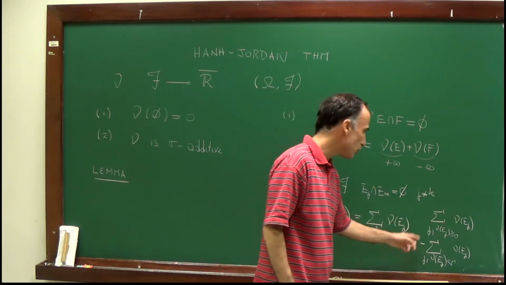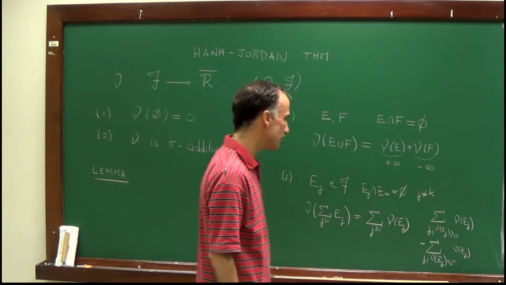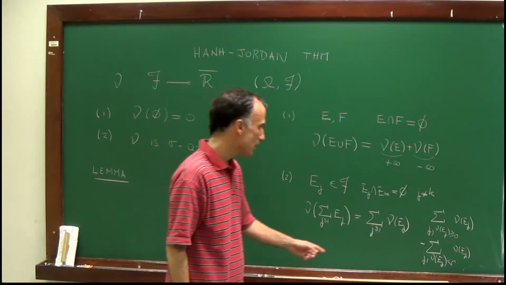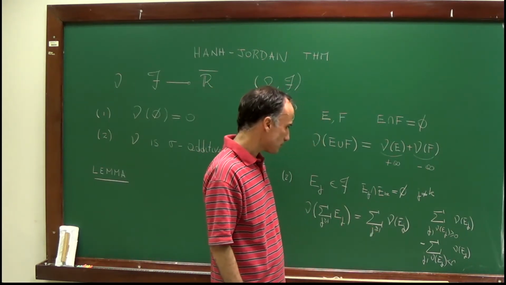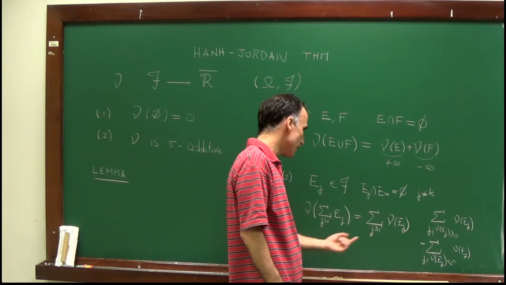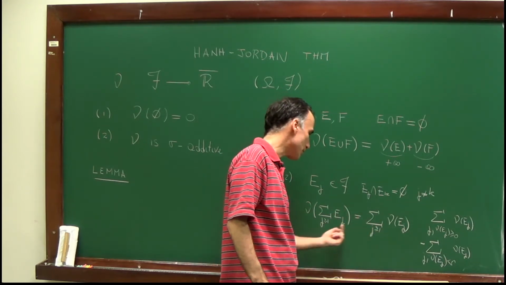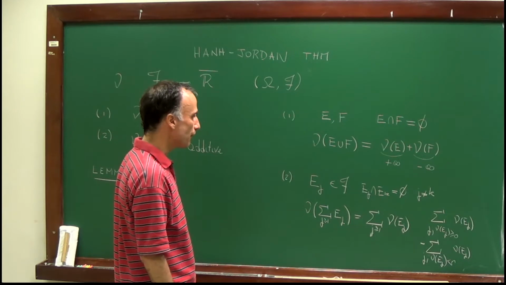They can't both be equal to plus infinity, right? Because otherwise that sum would depend on the order, and we know that it doesn't depend on the order because it is equal to the left-hand side.